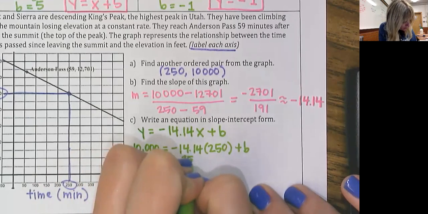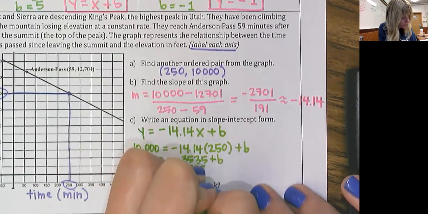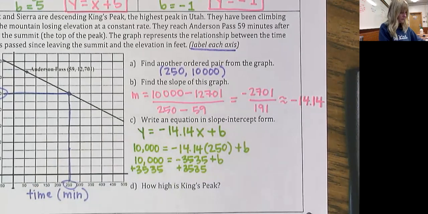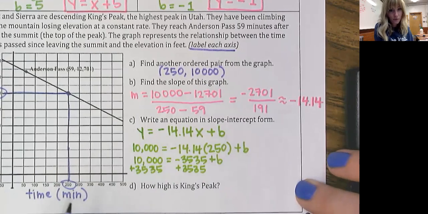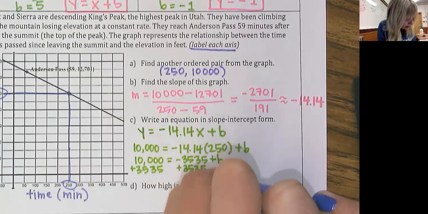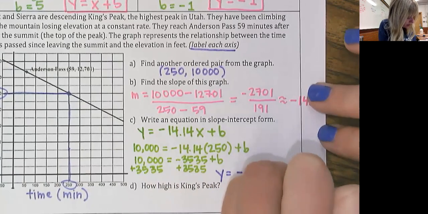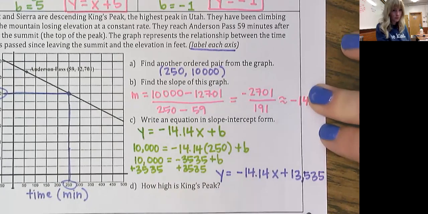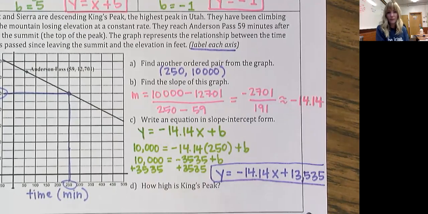Negative 3535 plus b, and then I need to add this to both sides, right? So I'm going to finish my equation here. You ready? 10,000 plus 3,535 is 13,535. So my final equation to represent this is y equals negative 14.14x plus 13,535. Whew. Real life problems, not as friendly of numbers.